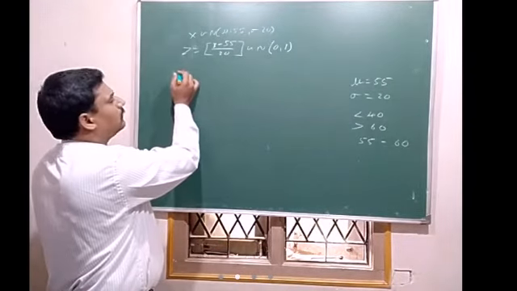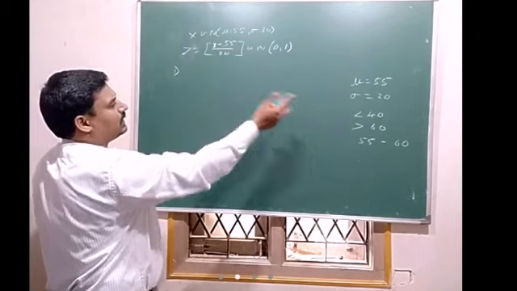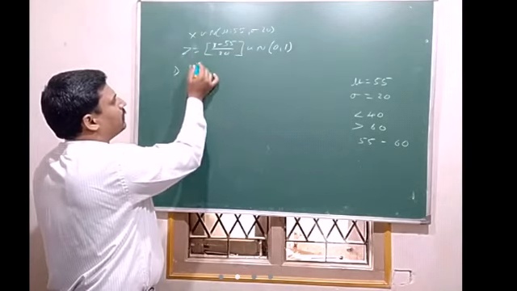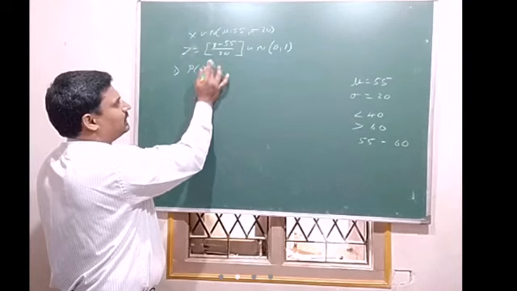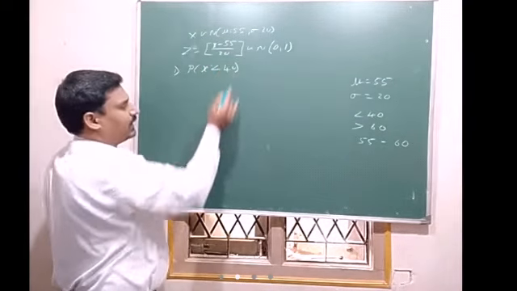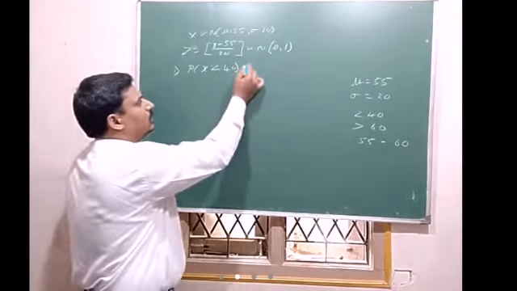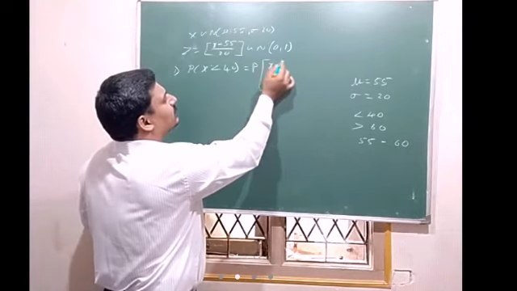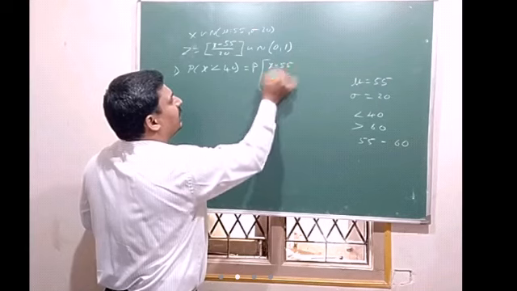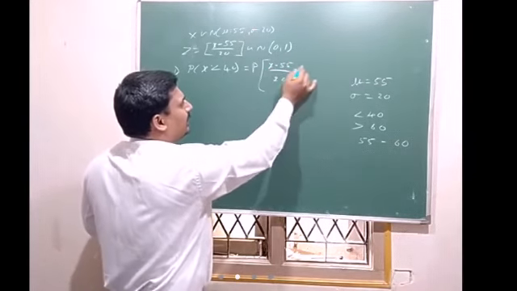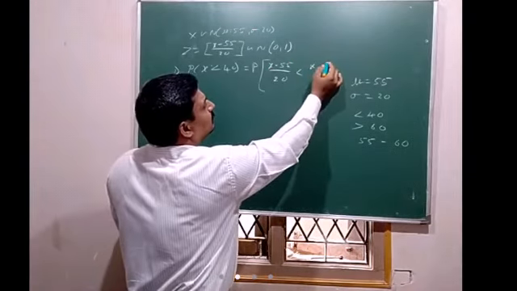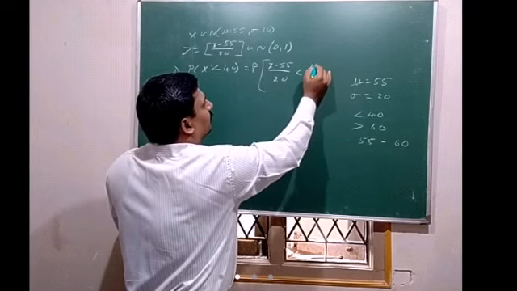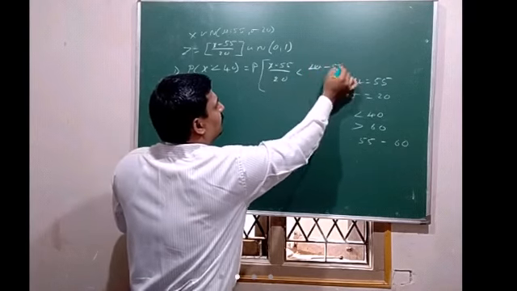Okay, then here first question, less than 40. Probability of x less than 40 is equal to probability of (x minus 55) divided by 20 less than (40 minus 55) divided by 20.